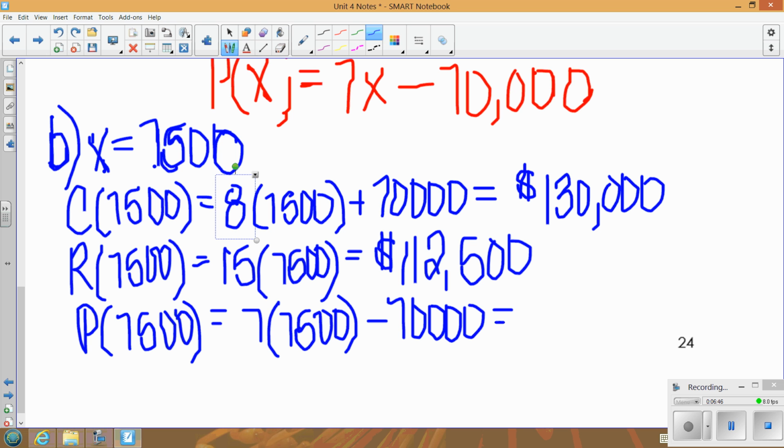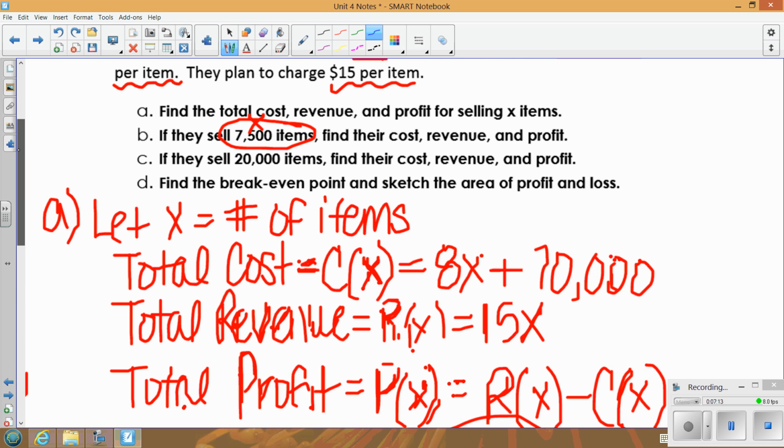And that'll get us a total profit of negative $17,500. So that is not a good thing, to have a negative profit, which means you're losing money. So if they produce 7,500 items, they're losing $17,500.